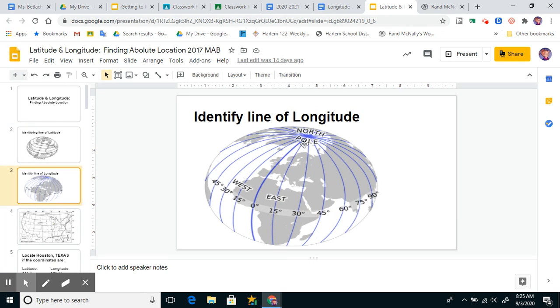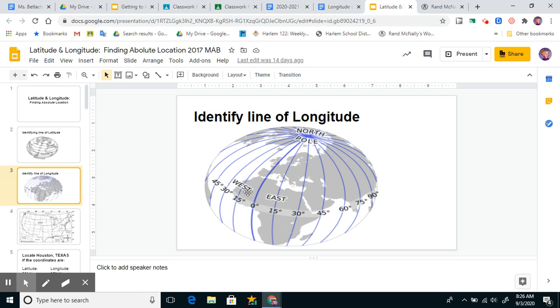Lines of longitude are north and south, and 0 degrees longitude is also called the prime meridian, and it runs right through Greenwich, England, where some of the first maps were created. And as you go west, those numbers are going to increase from that 0, and every line, these are imaginary lines, is at 15 degrees and so on.